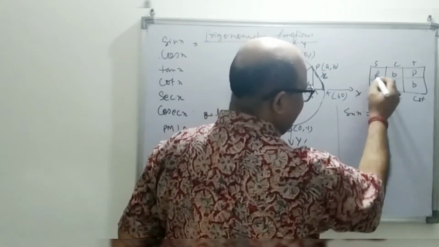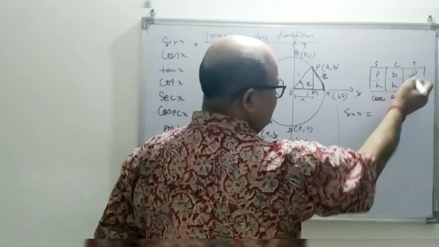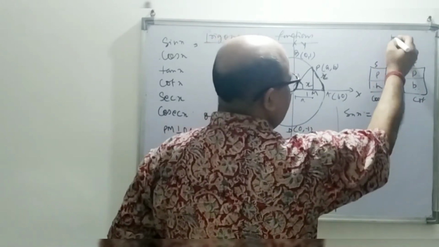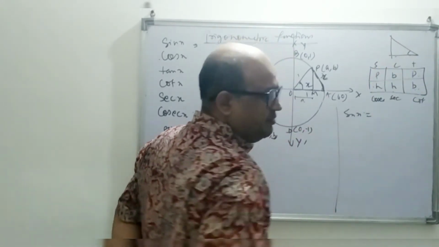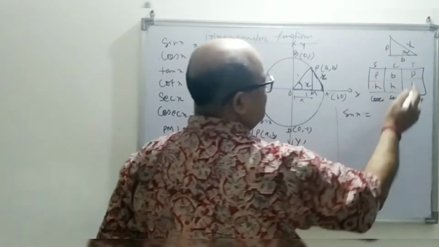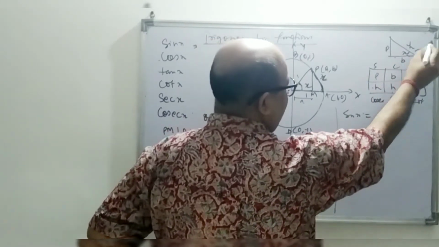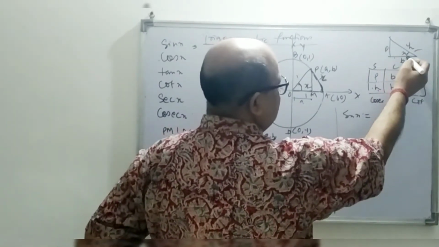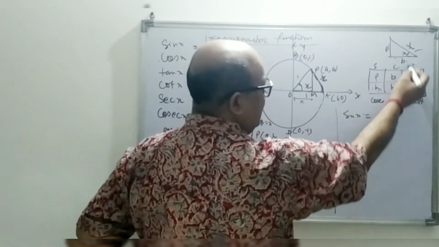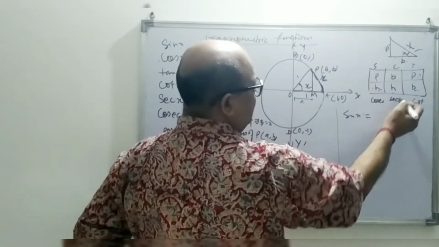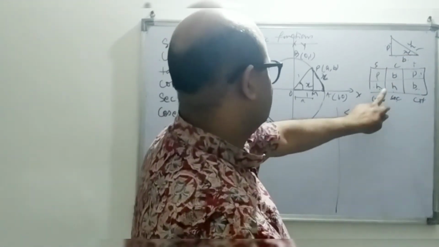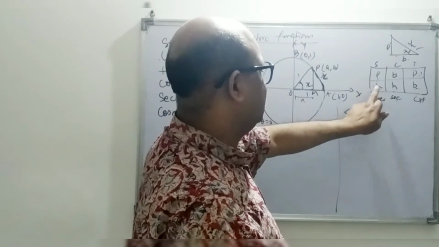Sine is perpendicular by hypotenuse, cos is base by hypotenuse, tan is perpendicular by base, cot is base upon perpendicular, if it is a right angle triangle. This is the base angle, suppose I am taking x. This is the perpendicular, this is the base and this is the hypotenuse. So sin x equals P by h, cos x equals B by h, tan x equals P by B, and cot x is B by P. Sec x is h by B, the reciprocal of cos, and cosec is the reciprocal of sin, that is h by P.